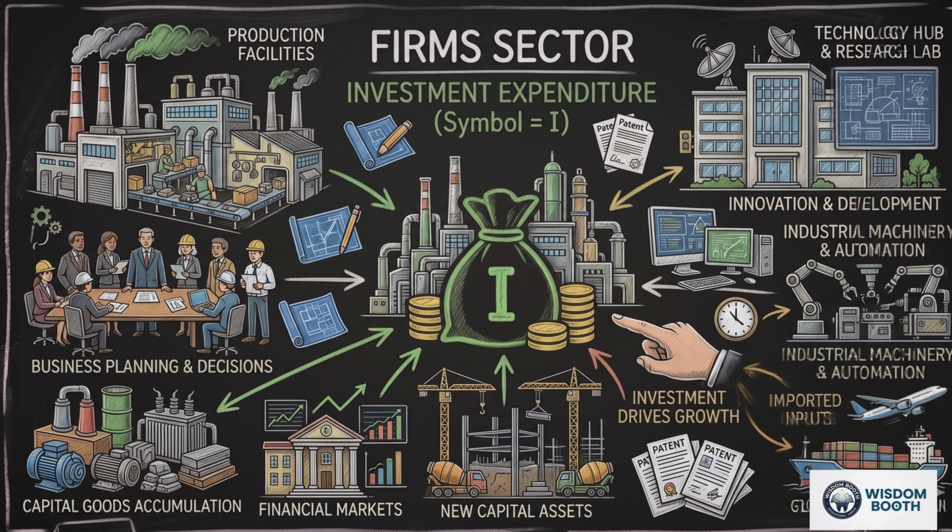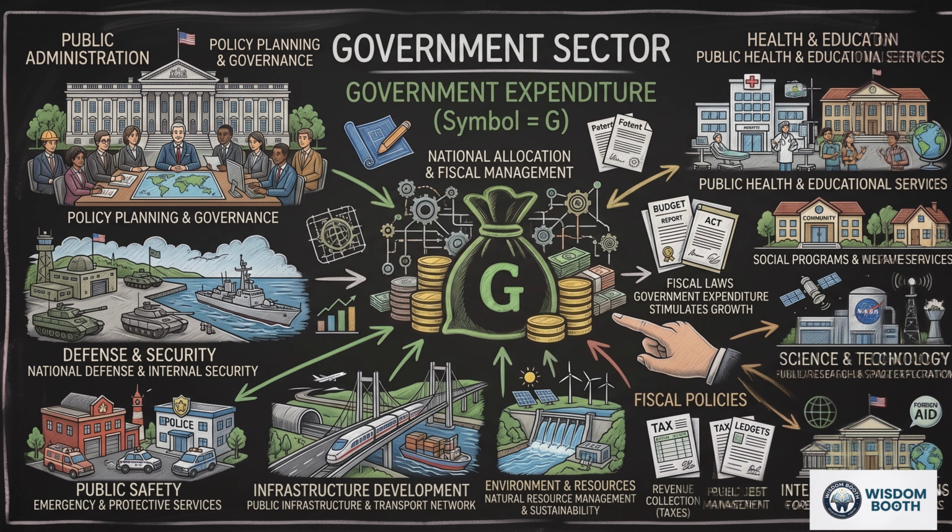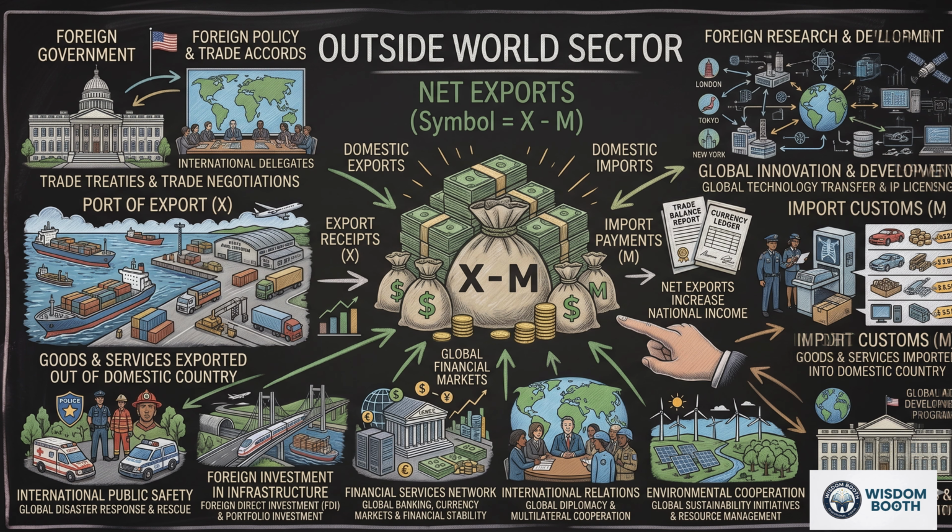Second is investment expenditure, or I. Think of private firms investing in capital, like a tech company building a massive new server farm. Third is government expenditure, or G. This is where the government spends on public needs like education and defense, or infrastructure, like funding a huge new national highway project. And finally, net exports, which is represented as X minus M.